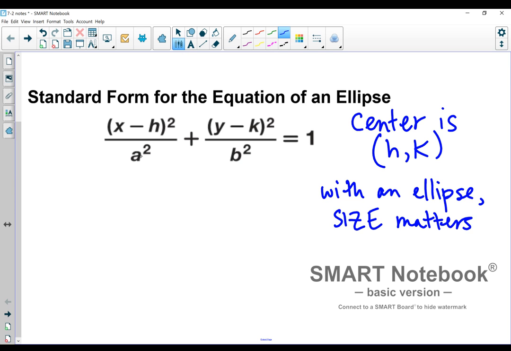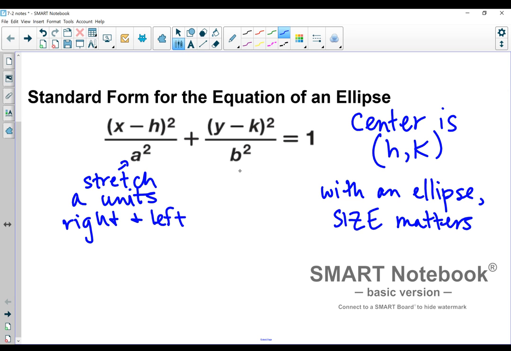If my x is over my a squared, then we are going to stretch a units in the x direction, and x would be right and left. And if the y is over b, then we're going to stretch b units in the y direction, which would be up and down.